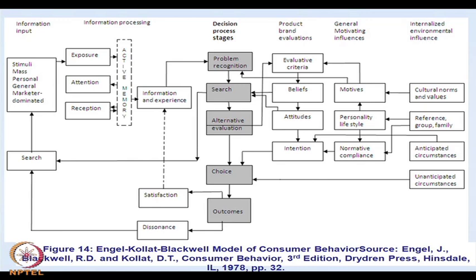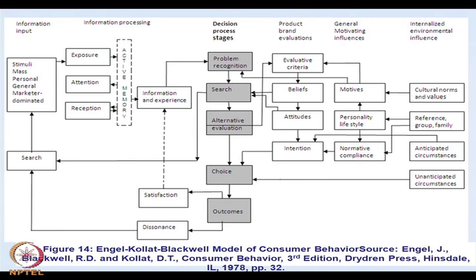So, at any time of the information processing stage, whether it is exposure or attention or reception, depending upon the product or service category, depending upon the consumer and his personality type and his psychographic characteristics, also depending upon the purchase situation or the time available in hand, the consumer could enter into this stage at any of these stages, whether it is at exposure or at attention or at perception.